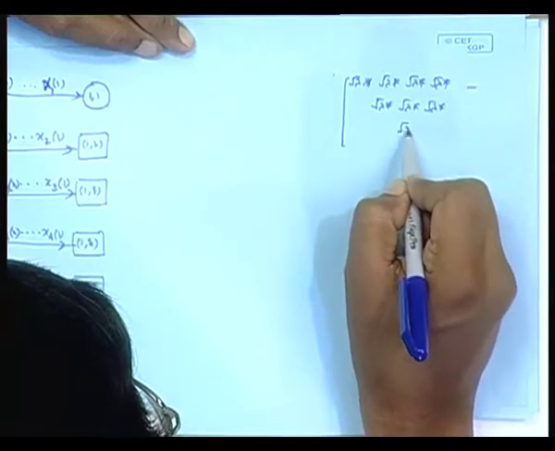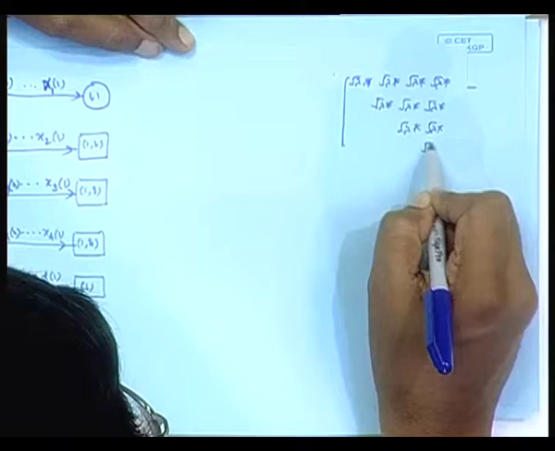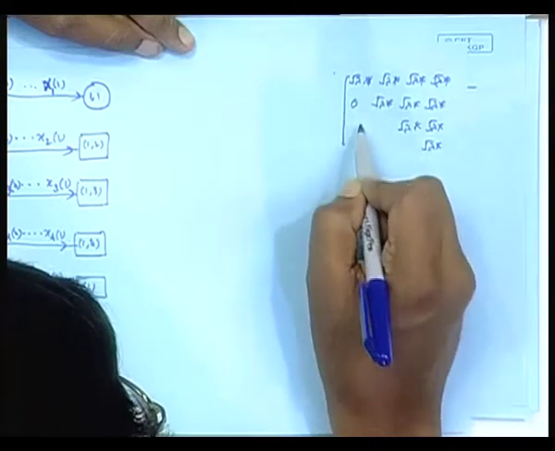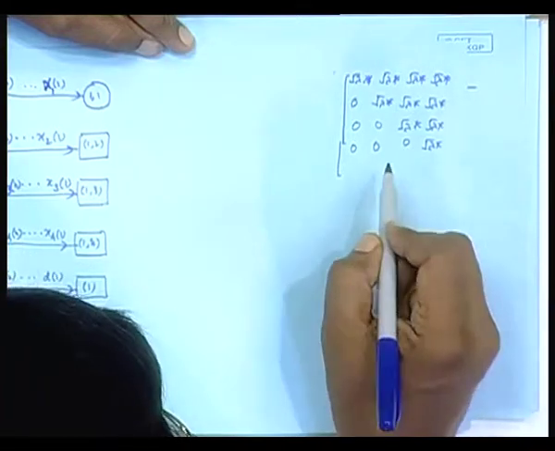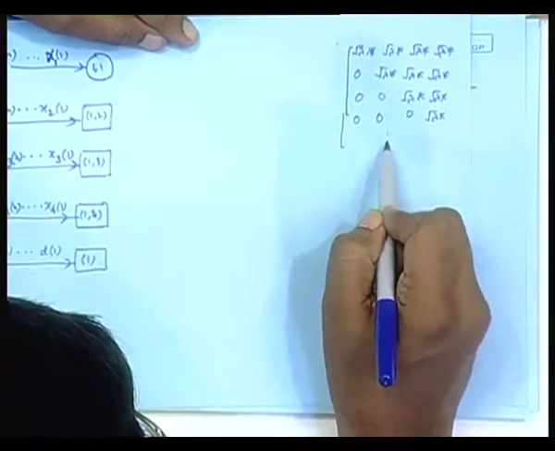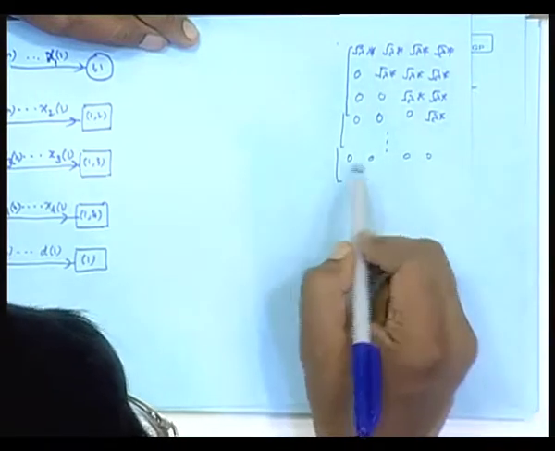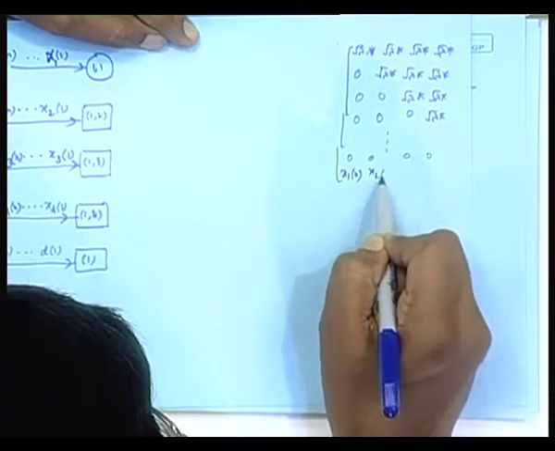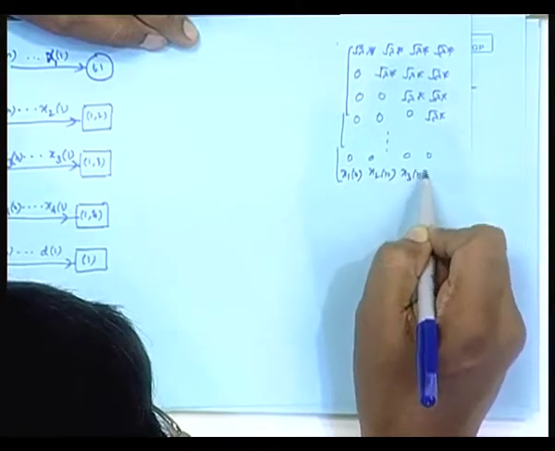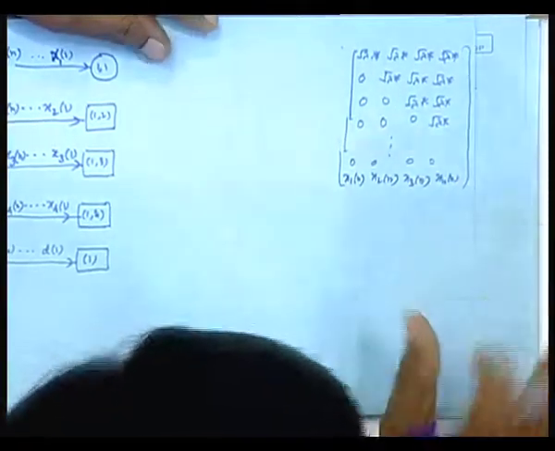Upper triangular. Then zeros, and then last is x1 n, x2 n, okay.